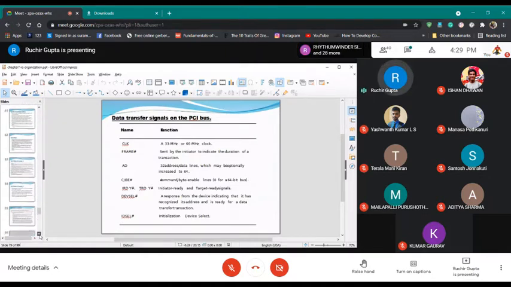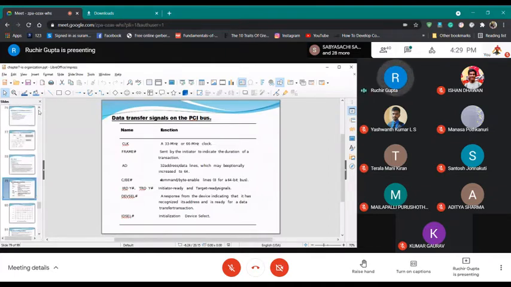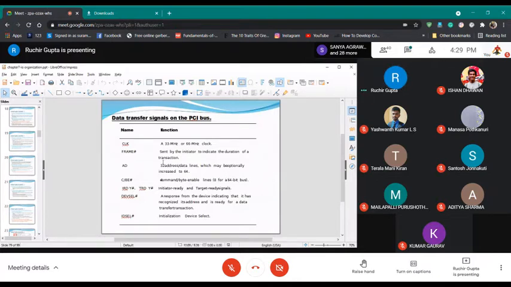So these are the signals that are being used by the PCI bus. Clock is simple, you know that. Frame is the frame length that is sent by the initiator to indicate the duration of the transaction. While this signal is sent, the transaction is transferring over your bus. And then address and data lines, whether it is an address line or data line.